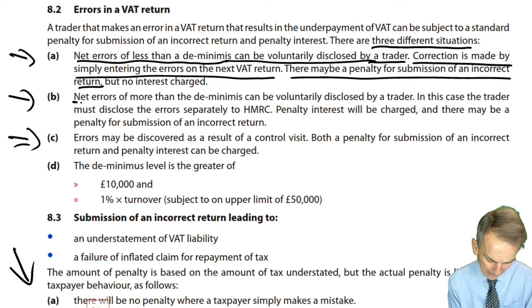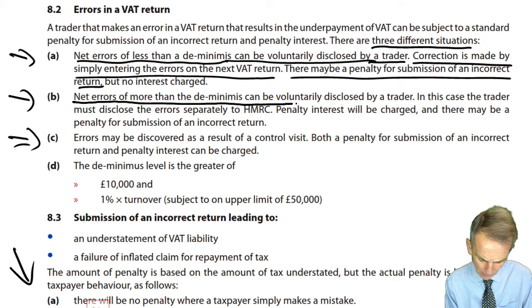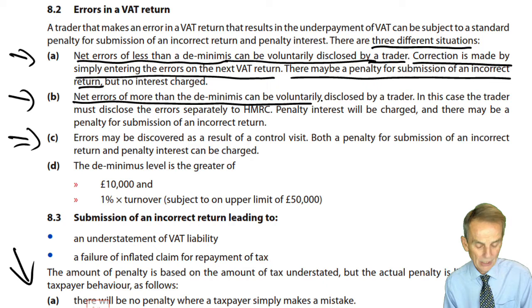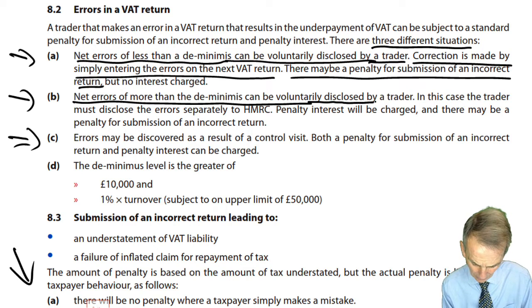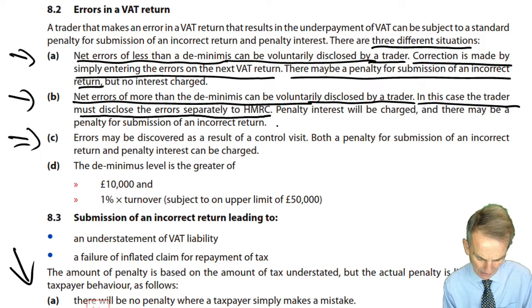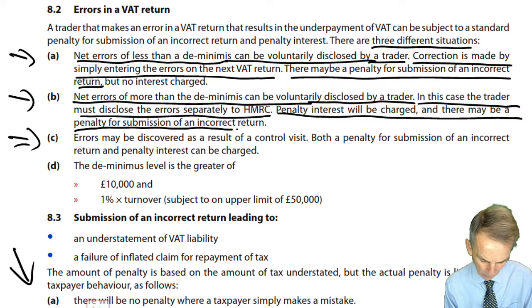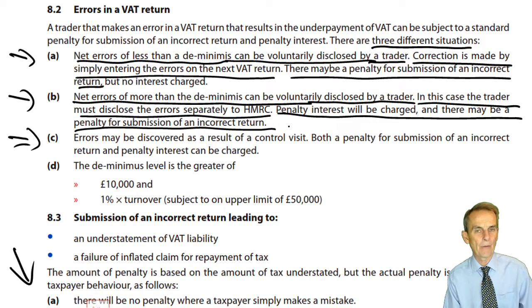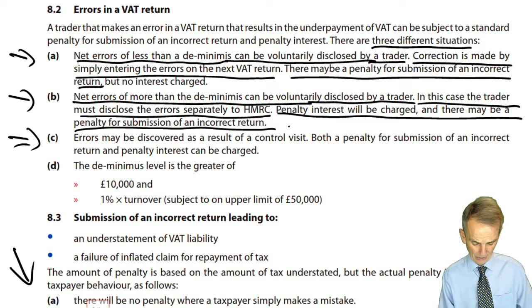If, as here, net errors of more than the de minimis arise, they too can be voluntarily disclosed by a trader, but in this case the trader must disclose the errors separately to HMRC. Can't therefore be done on the next VAT return. Penalty interest will be charged, and of course the penalty for submission of an incorrect return may also arise here.